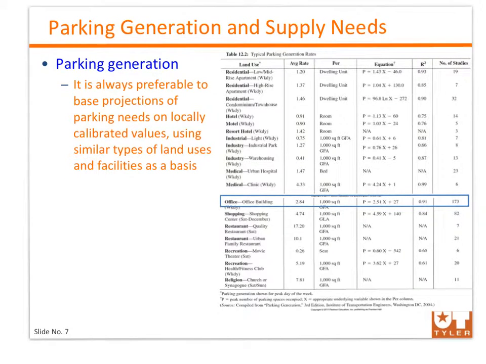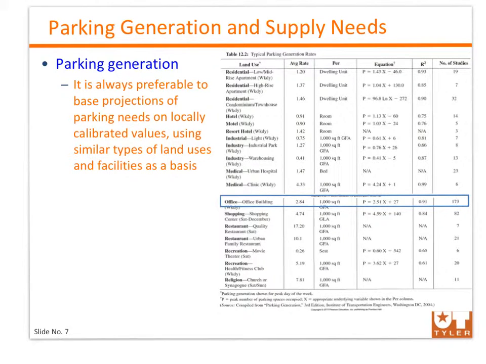Here in table 12.2, it's a very good table that gives you a national perspective of the number of parking spots that you need. But again, the golden rule is that it's always preferable to base projection of parking needs on locally calibrated values rather than using the national norms.